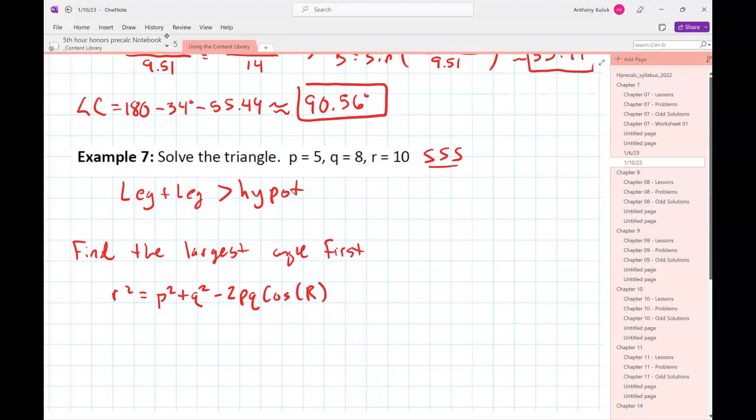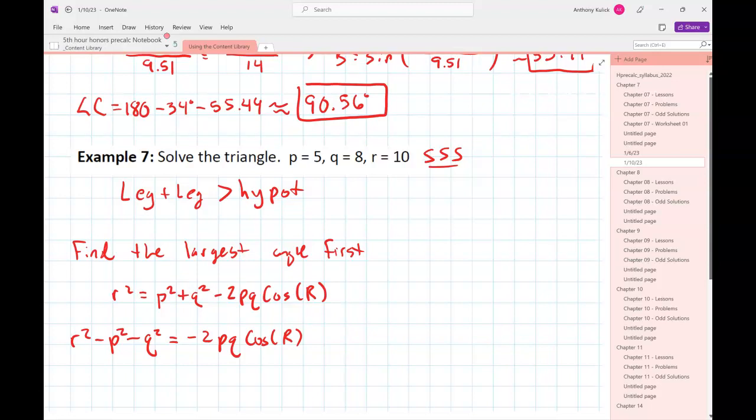All right, so my goal is to get R, the capital R, by itself. And I'm solving this. What's the first thing I would want to do to get the capital R by itself? Just normal solving algorithm. Good. Subtract P squared and Q squared from both sides. Again, when we're solving, we're just running the reverse order of operations. The first thing we want to undo is addition and subtraction to the variable anyways.